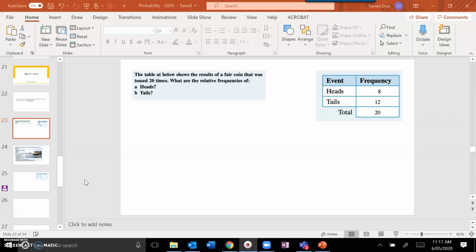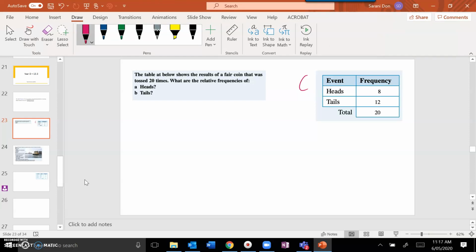Okay, so this question says the table below shows the result of a fair coin that was tossed 20 times. What are the relative frequencies of each event? So this is the table that they've given. This person tossed the coin 20 times. They got heads 8 times and tails 12 times. So it's asking what are the relative frequencies.